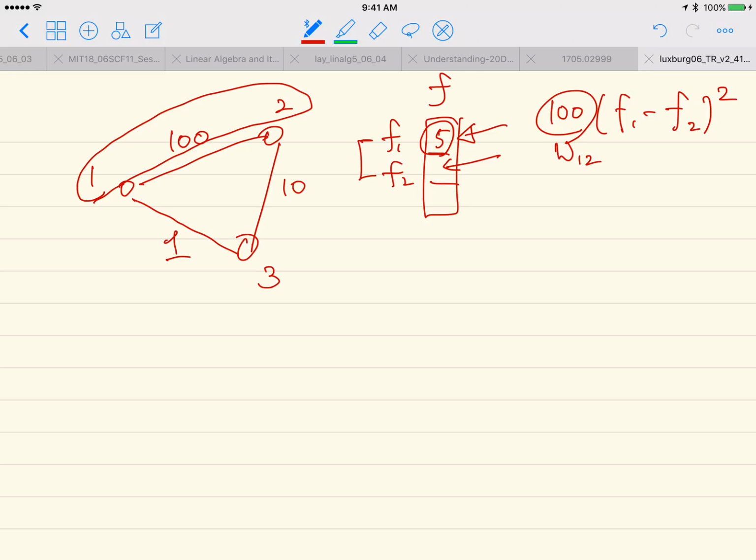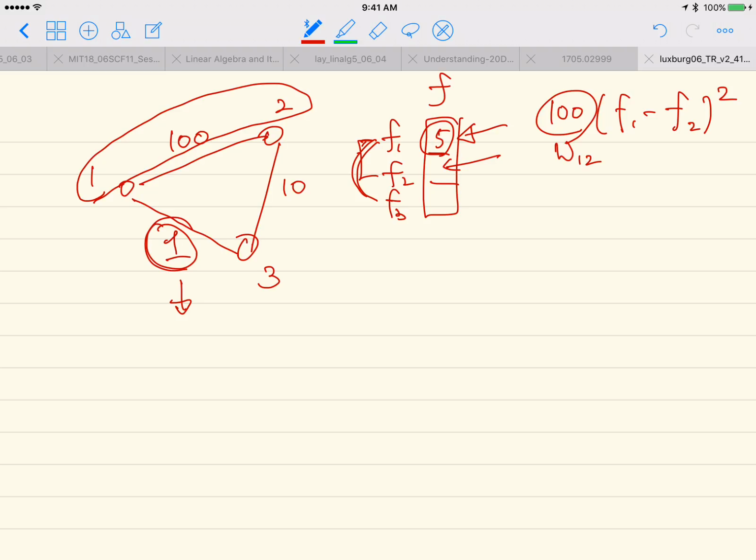So those two values have to be really close to each other. But if the edge between these two is a really low value, then we are free to have a relatively large difference between f1 and f3.